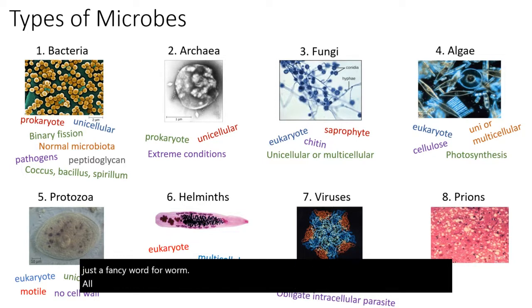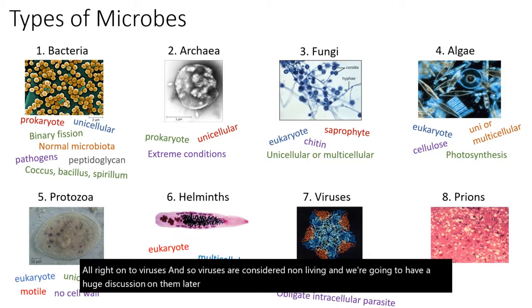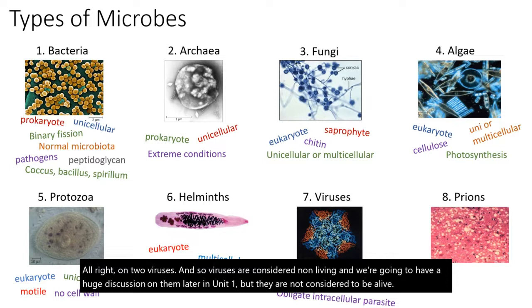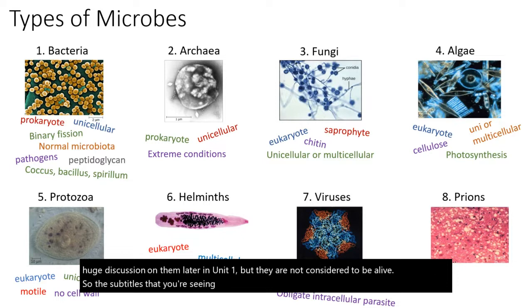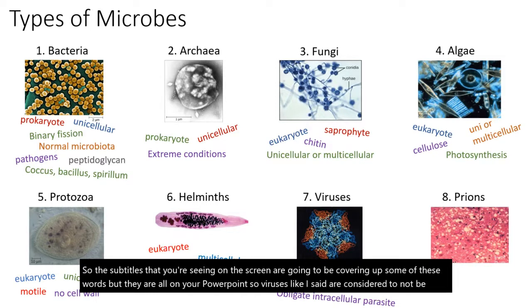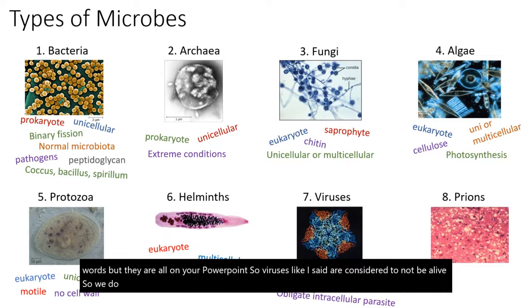All right, on to viruses. So viruses are considered non-living, and we're going to have a huge discussion on them later in Unit 1. But they are not considered to be alive. So the subtitles that you're seeing on the screen are going to be covering up some of these words, but they are all on your PowerPoint. So viruses, like I said, are considered to not be alive. So we do not describe them as eukaryotic or prokaryotic.